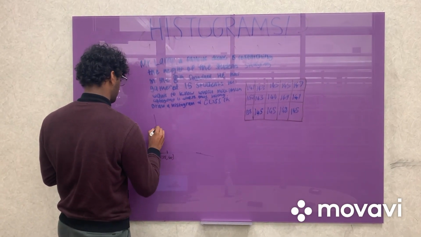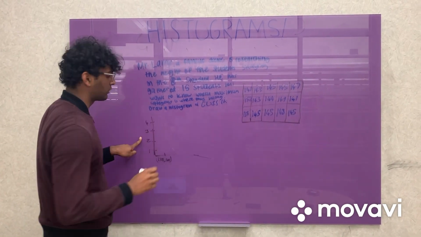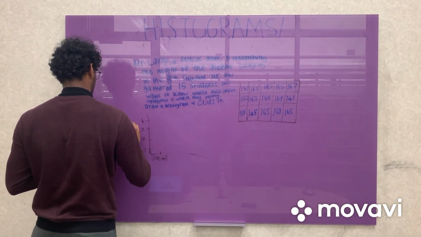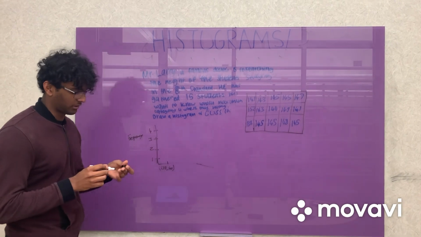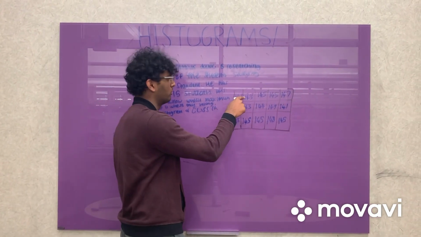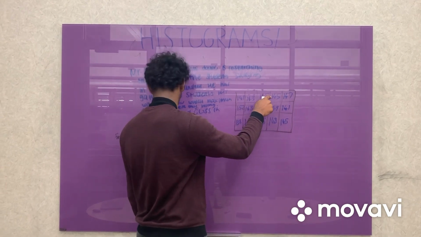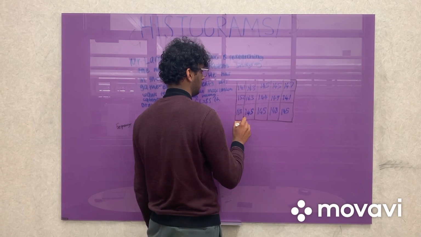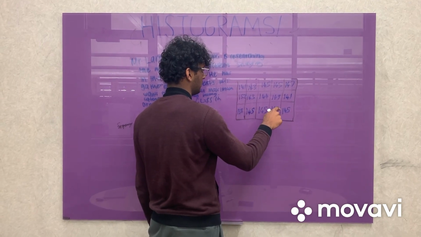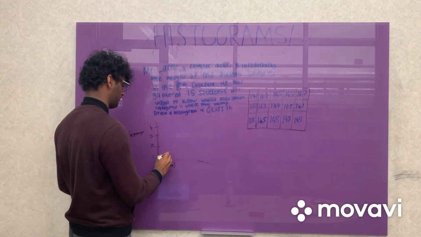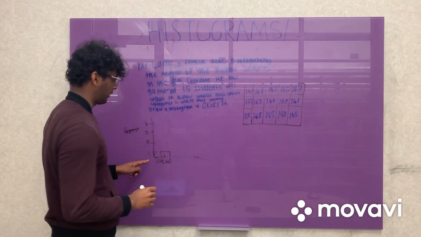This is the frequency, and this is the range of values. So 138 to 140, let's count it. We got 1, and that's it. The height represents the frequency, so 1.